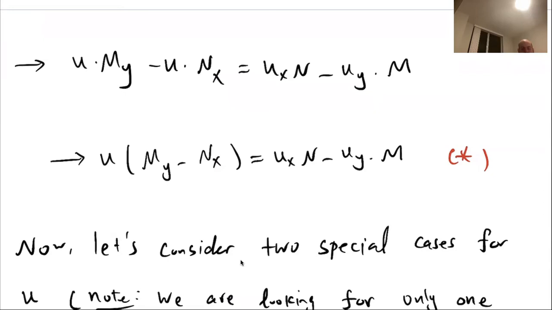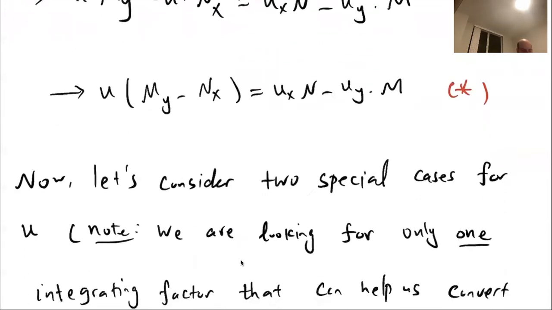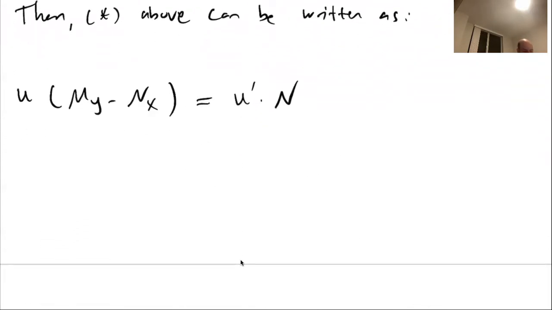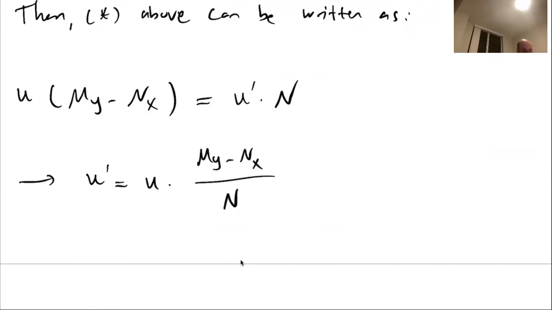If u is a function of one variable only, and that variable is x, then the partial derivative with respect to x will be the standard derivative of the function with respect to x. So u prime will be u times (M_y minus N_x) divided by N.